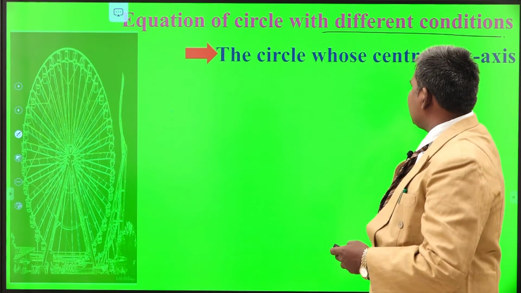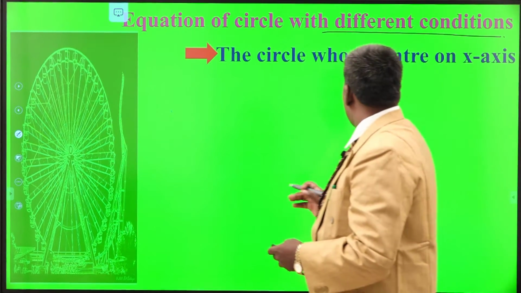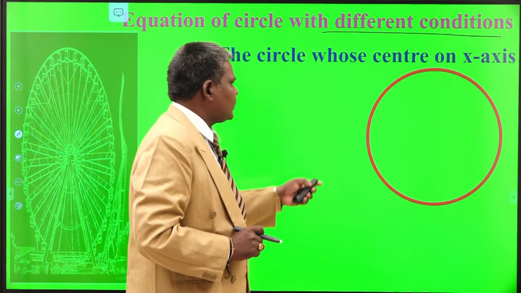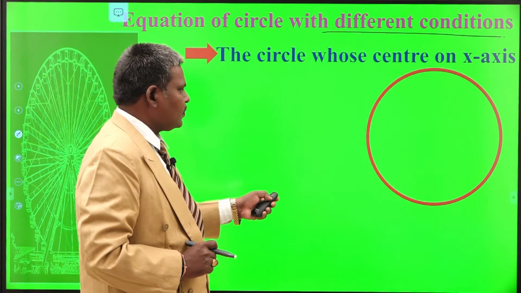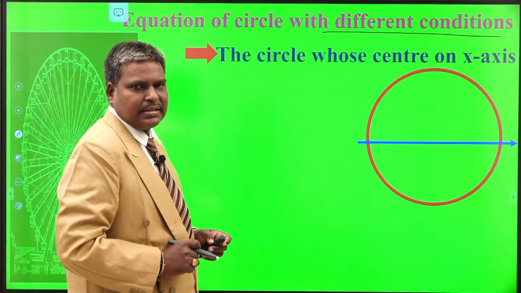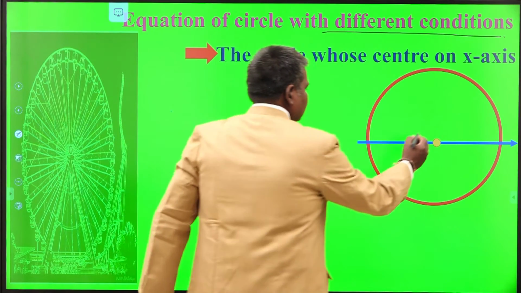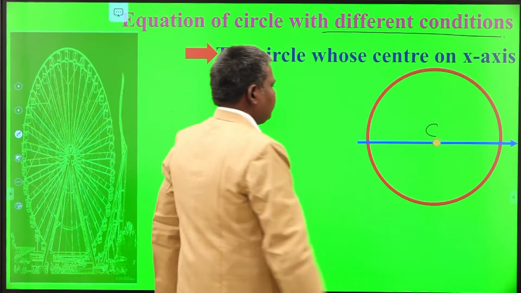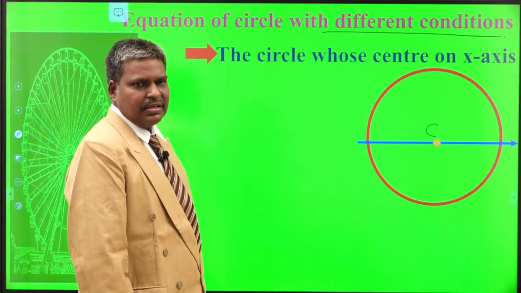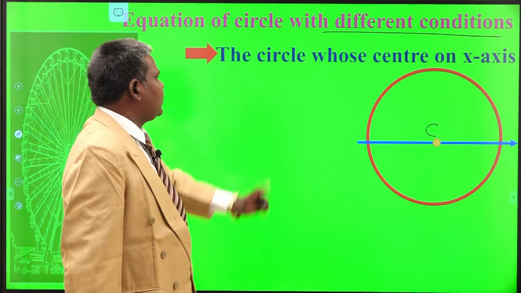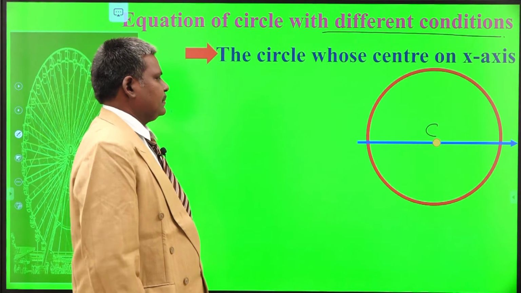Here your circle, what is it doing here? The circle whose center lies on the x-axis. See here, this is the circle. It's your x-axis. That is the center of the circle. We have to find out the equation of the circle.